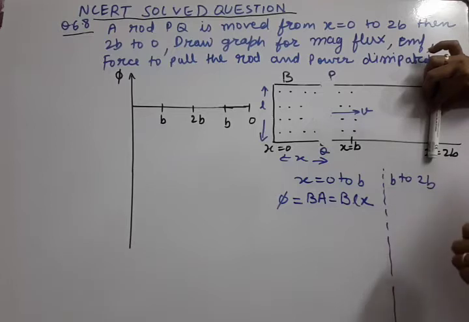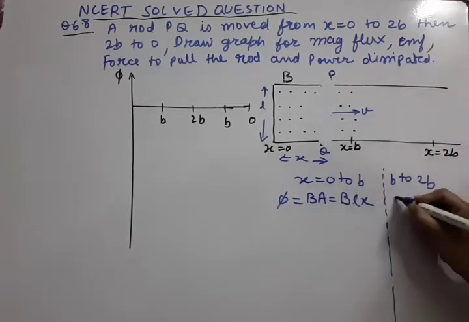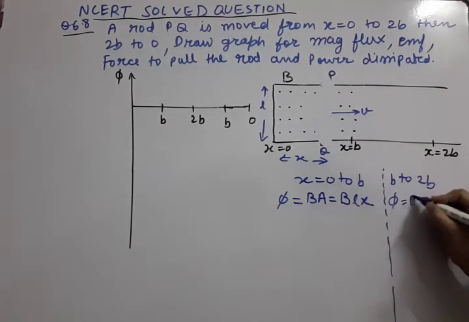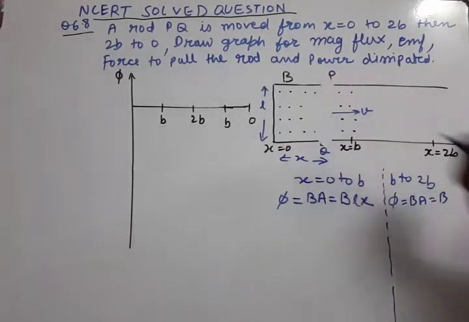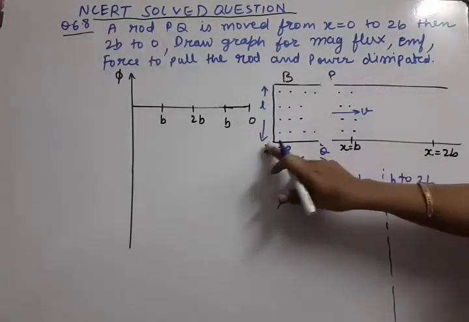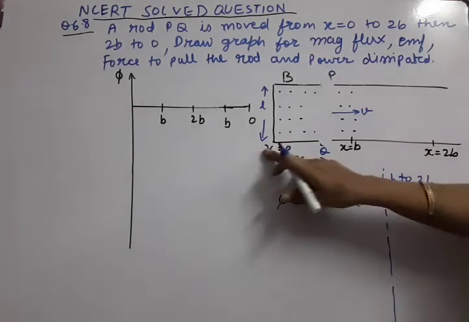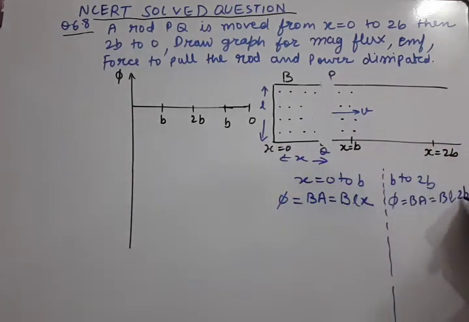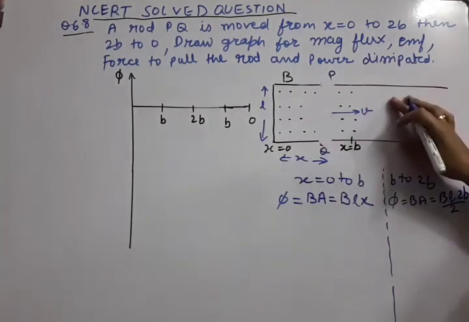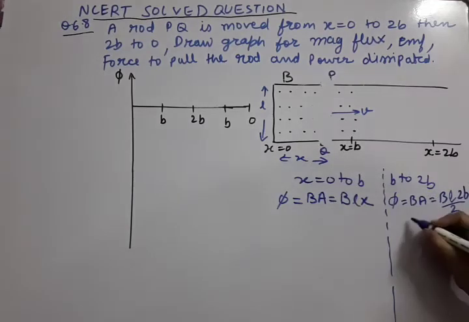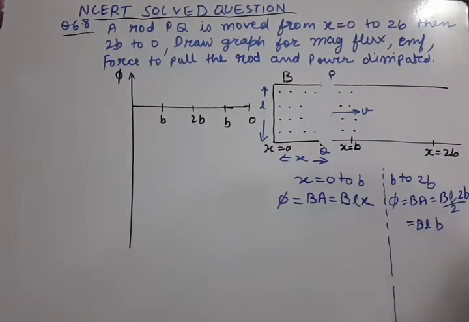So flux phi will become B into A. So B, L is this length, and from here to here the total length is 2b, but we have to divide it by 2 because the field lines are present only in the half portion, not in the full portion. But this part is constant. So the flux here will become BLb.